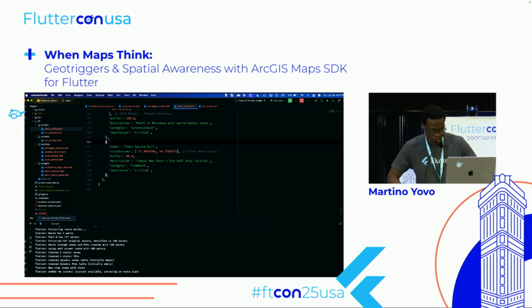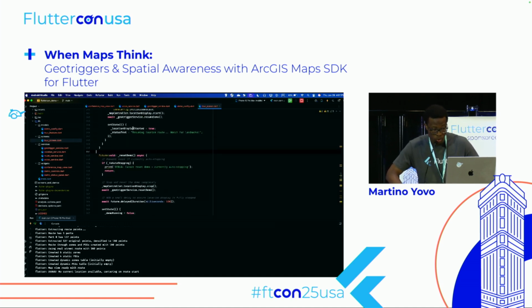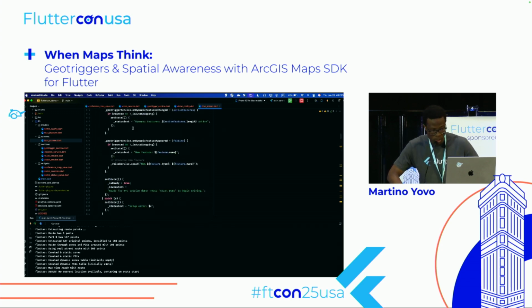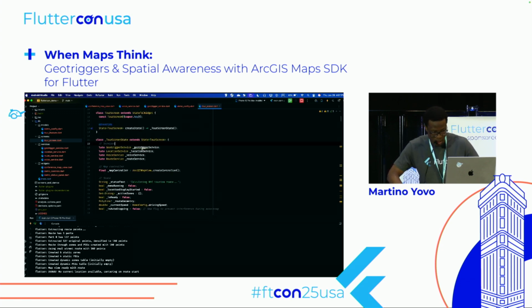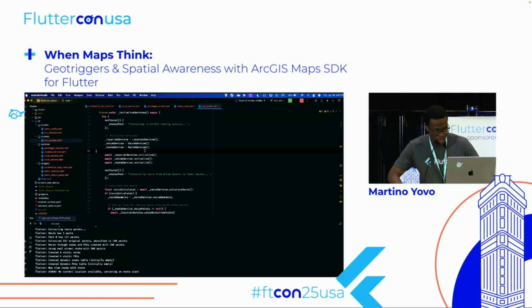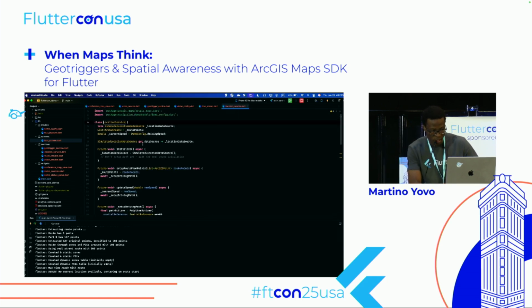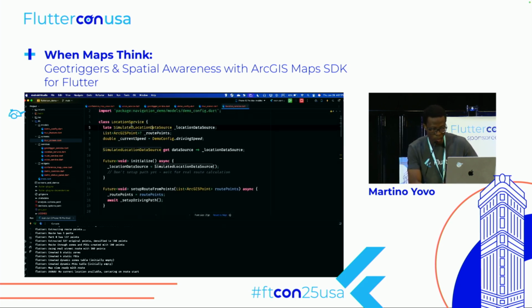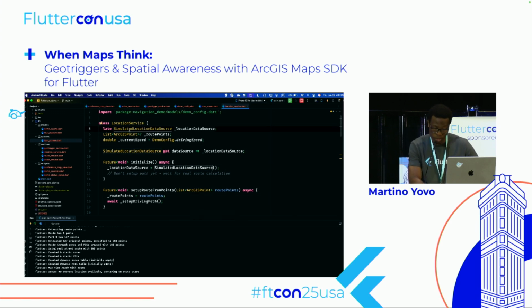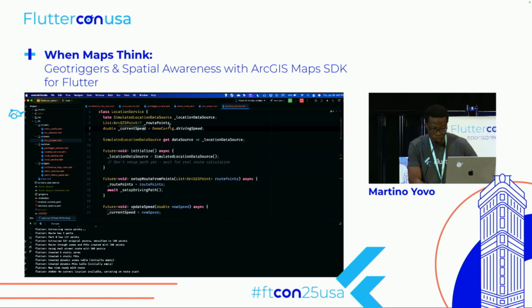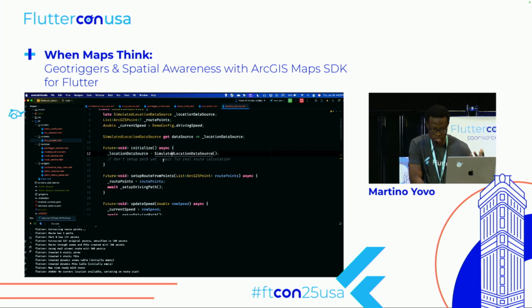Next, I'm showing the tour screen. It's a bit long, but first I have the location service that I defined. I'm using the simulated location data source. I'm getting the current speed from the demo config, and I'm initializing the data source.